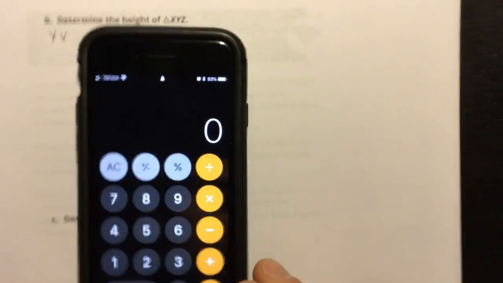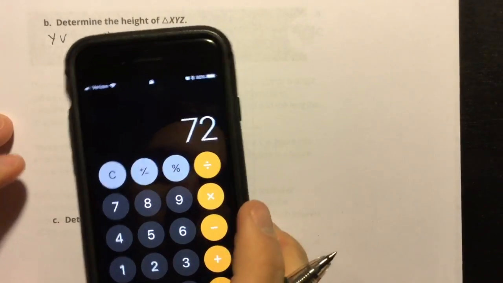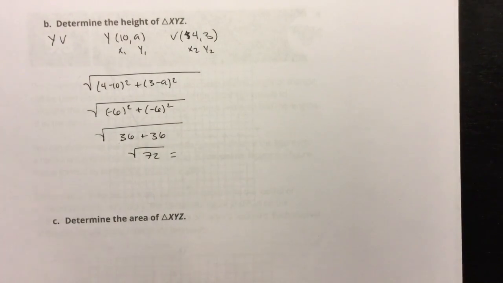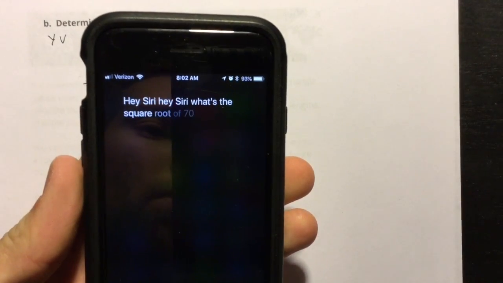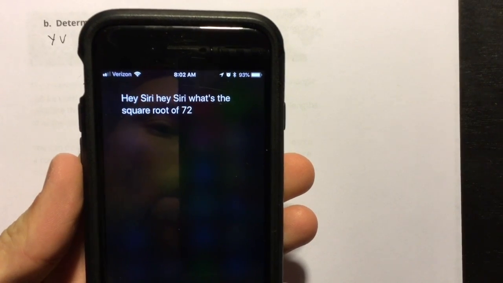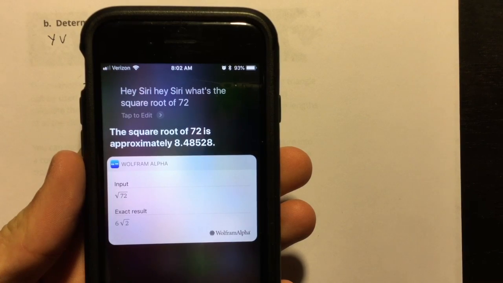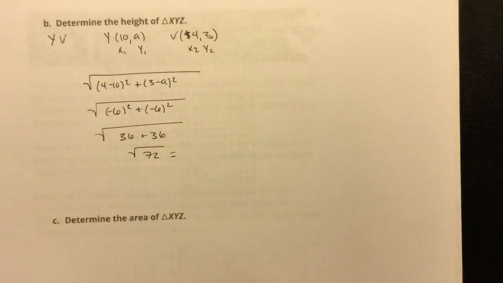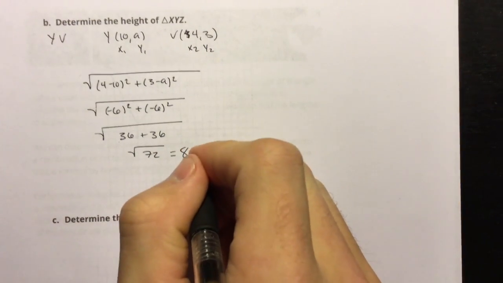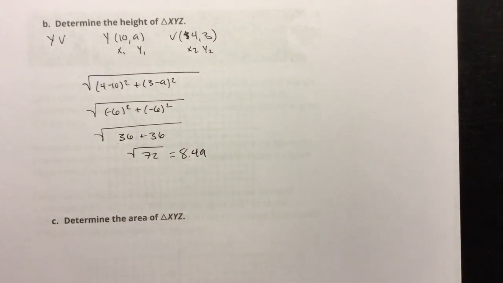Okay, well, there you go, 72, and my thing doesn't want to move. So I guess I'll just ask Siri. Hey Siri, what's the square root of 72? She's thinking. The square root of 72 is approximately 8.48528. So 8.49 we're going to say. Sorry about that technical difficulty.